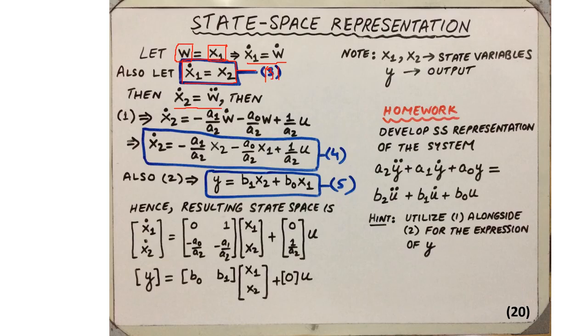If we utilize equation 1, we can eliminate w, and we can express x2 dot as the linear sum of state variables x1, x2, and u. The weights of x2 is minus a1 over a2, of x1 is minus a0 over a2, and of u is 1 over a2.